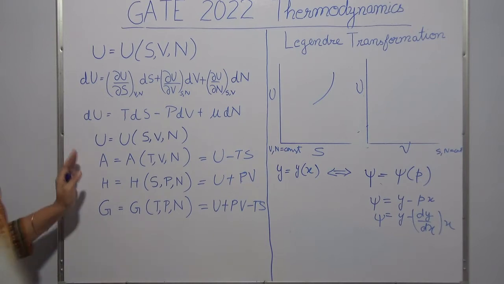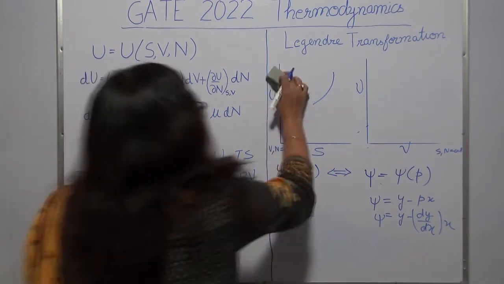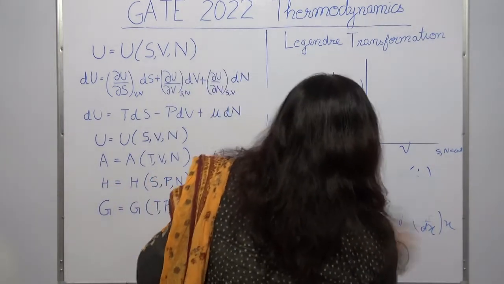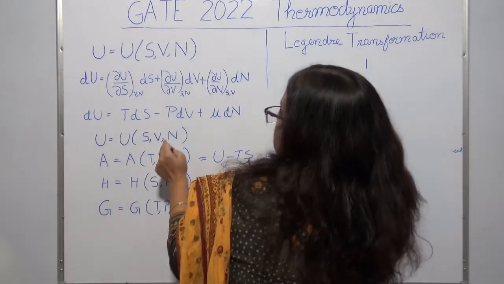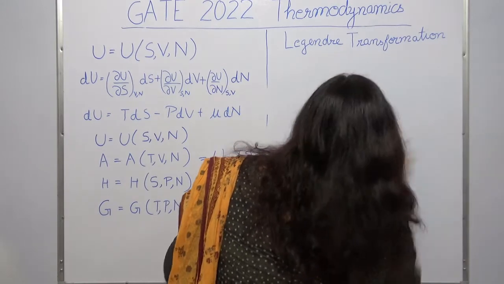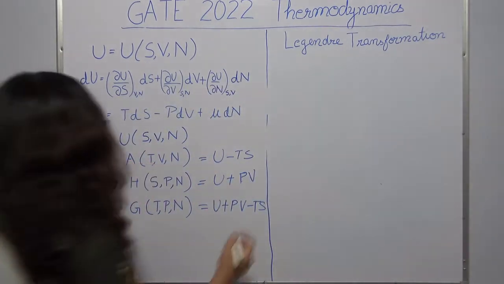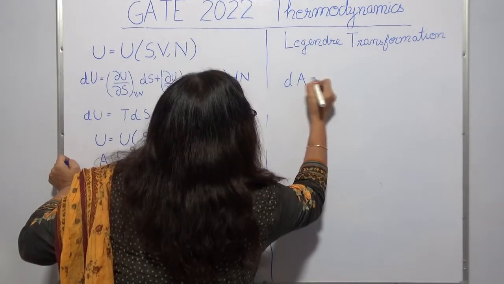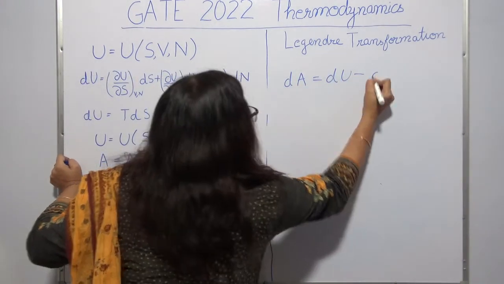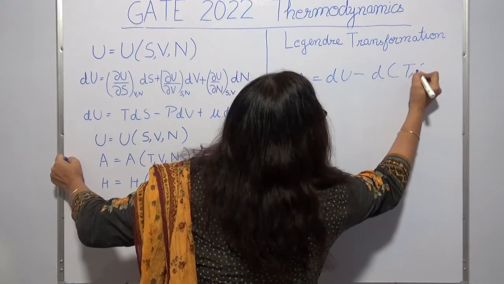Now let's derive a differential equation for these, and then you will see how they are functions of T, V and N and everything. That will become more clear when I write it in a differential form. So let's say dA is equal to dU minus d of TS.